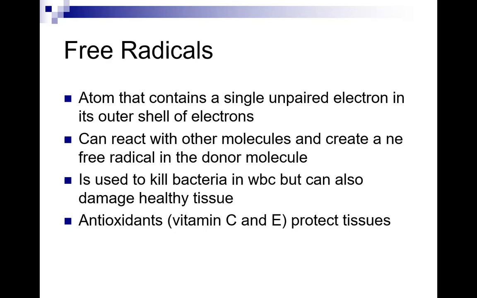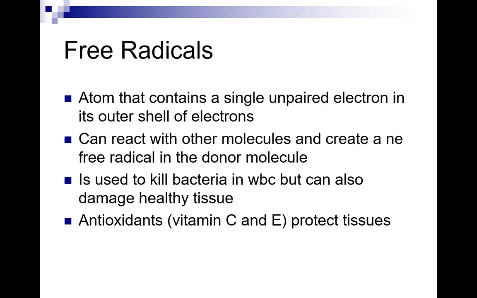There are other components of the cell, or cells themselves, like white blood cells, that actually use free radicals to help kill bacteria. Peroxisomes have free radicals in them that are used in decomposing and breaking down components. So they're used sometimes for good, but they can damage healthy tissue, which makes them a problem as well.